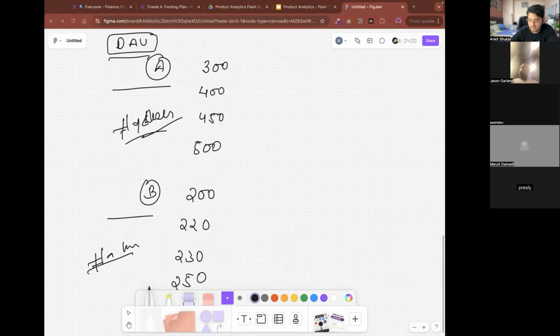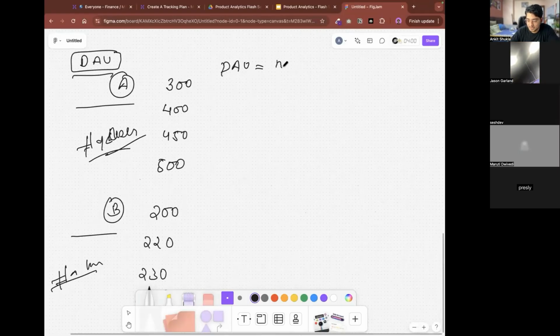To understand: daily active users is equal to new users that are acquired that day plus old or existing active users. It might be possible that for this company, 300 people are coming today.